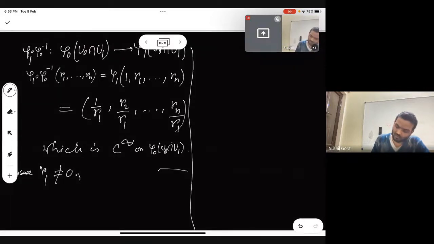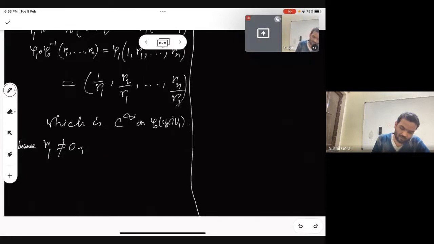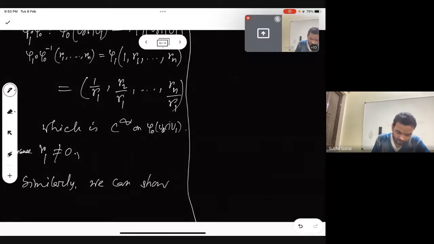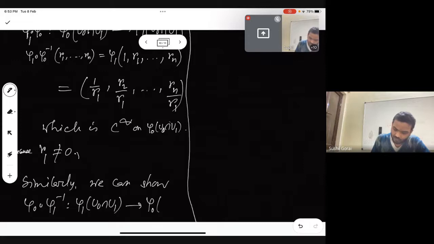Now similarly, we can show phi naught compose phi1 inverse from phi1 of u naught intersection u1 to phi naught of u naught intersection u1 is C infinity, right?